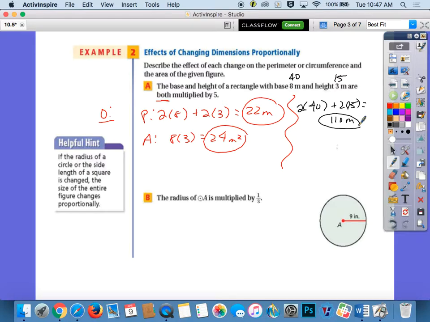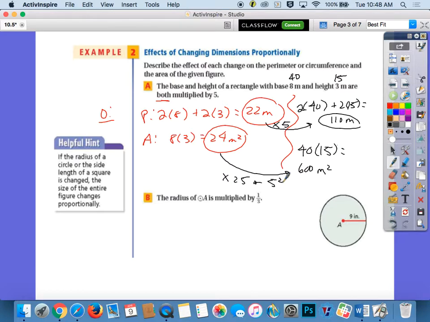We'll notice that when they were both multiplied by 5, the perimeter was multiplied by 5. Let's see what happens with our area. My area, base times height, I have 40 times 15, and I end up getting 600 meters squared. I'll notice this is multiplied by 25, or 5 squared.